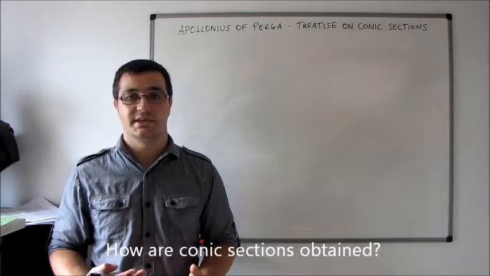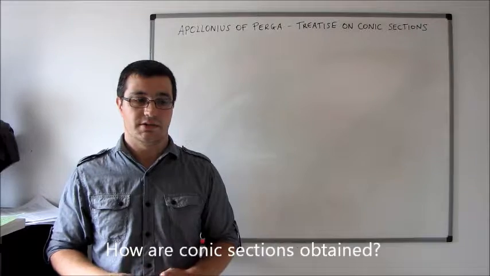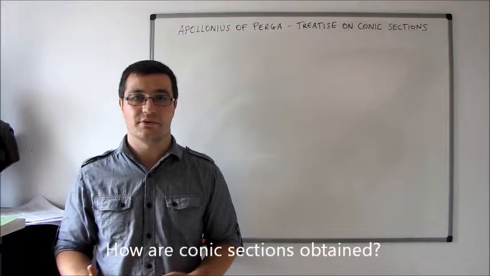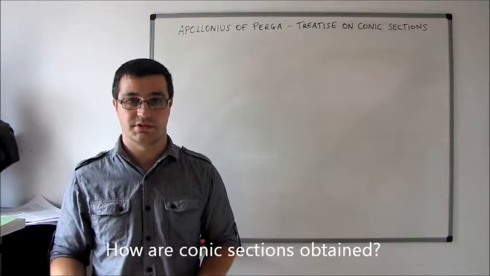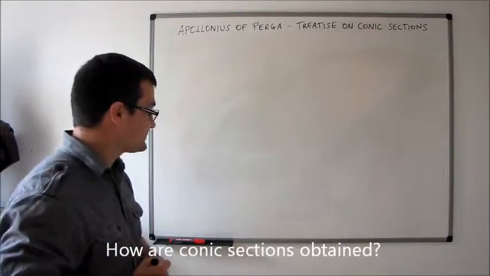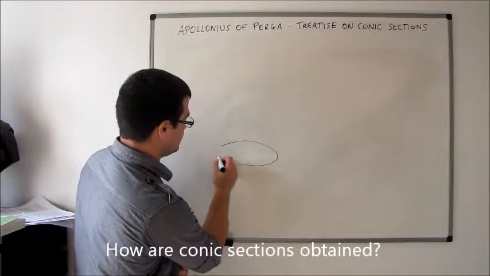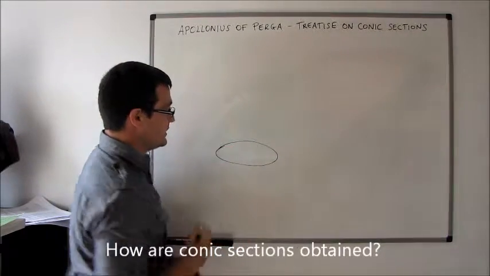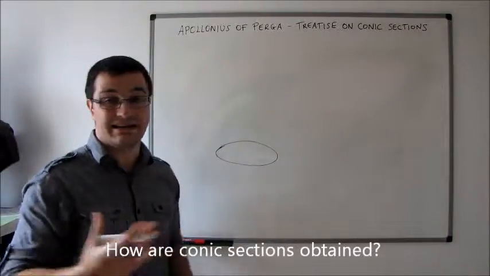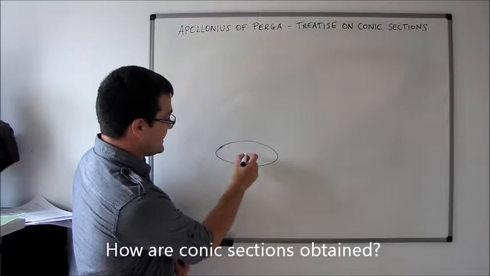But if they are considered in more geometric terms, then they will be thought of as obtained really from right cones, or cones of revolution. So what do I mean by that? Well, let's start with a circle. And this is called the base circle. And here's the center of the circle.